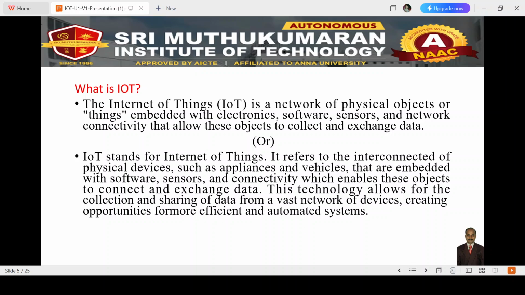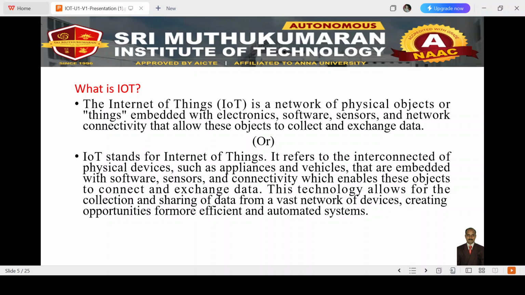Basically, things are going to interact, the devices are going to interact with each other, like how humans interact with each other. Likewise, we make physical objects intelligent and make them interact with other devices, and hence it realizes real communication from device to device.